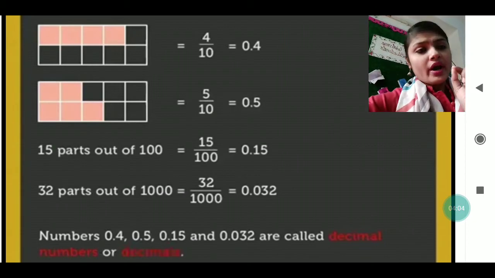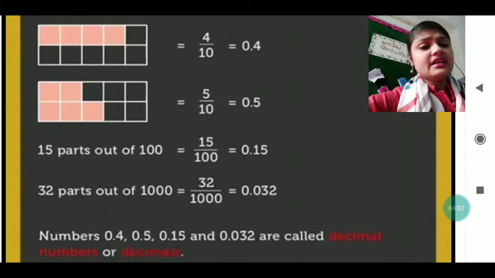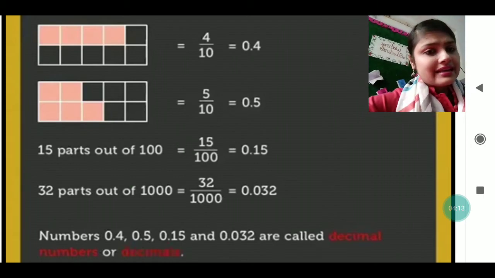Decimal is basically a point, or we can say a dot. How we write that point or dot, that we have to do. 5 by 10 is written, then in decimal form it is written 0.5.